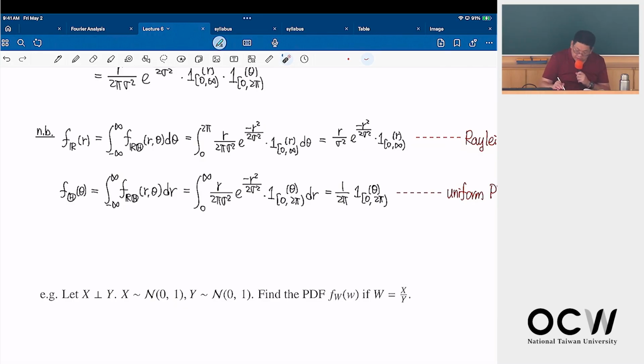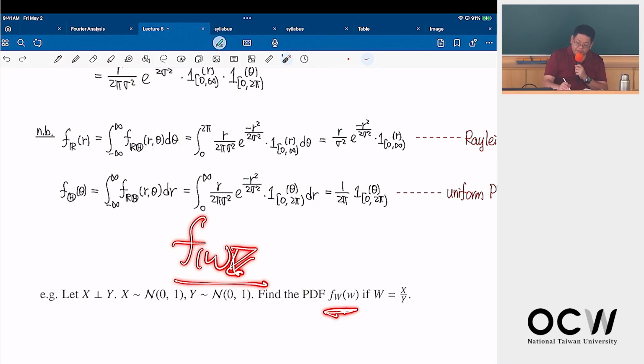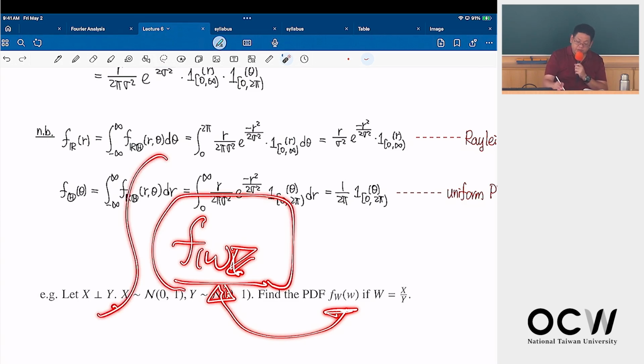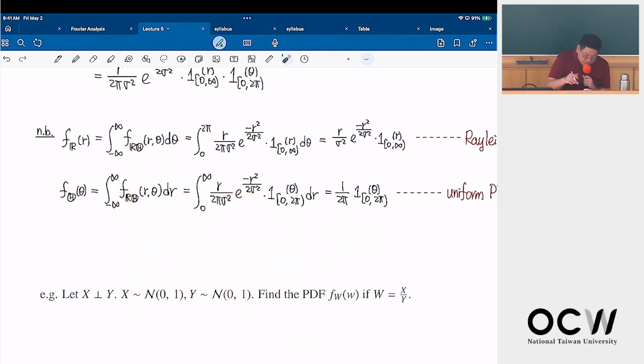We can think about W and maybe another random variable called Z, and find a joint PDF. And then the PDF of W is like the marginal PDF of your joint PDF, right? So once you have a joint PDF, you integrate Z out, so dz. Then you'll get the marginal PDF of W.